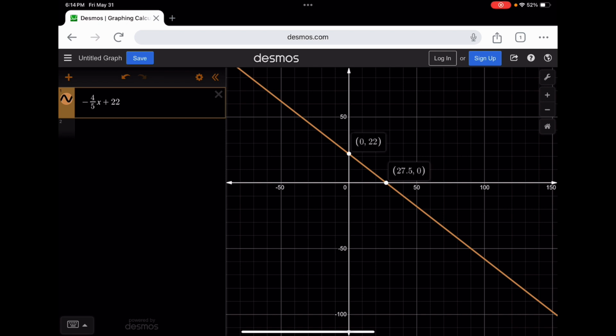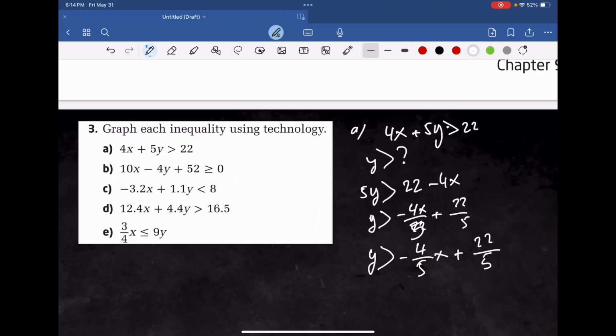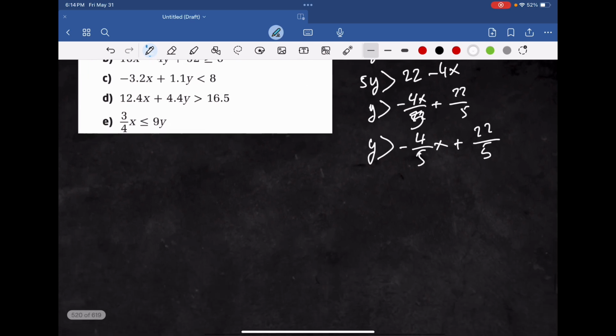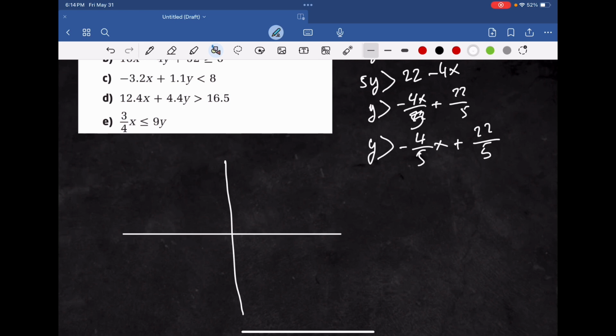So the first thing I should check, okay, this is my graph. Let me just graph it there on my board. So our graph is like this, and the line was like this, and I can see there is a 0, 0 down here. I will try with 0.